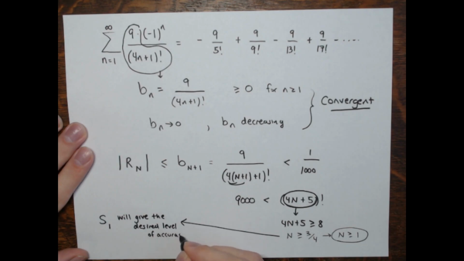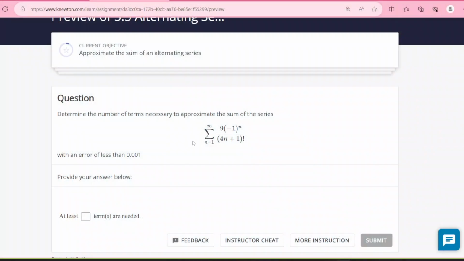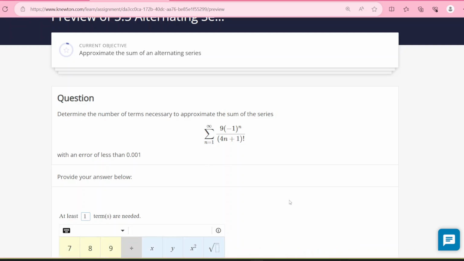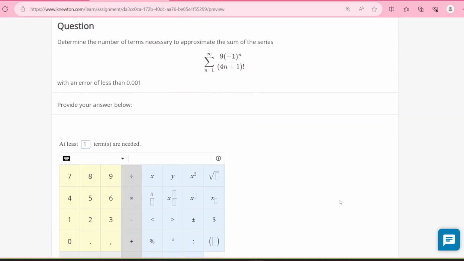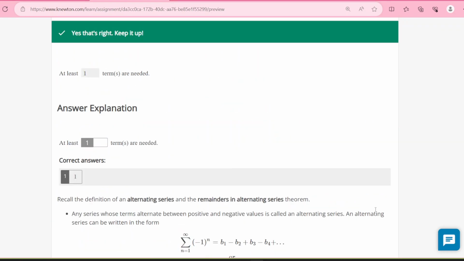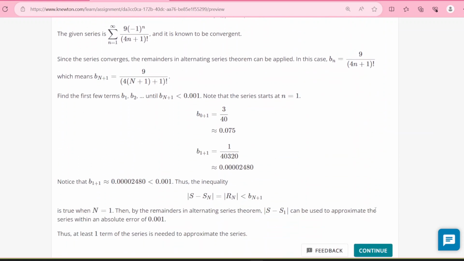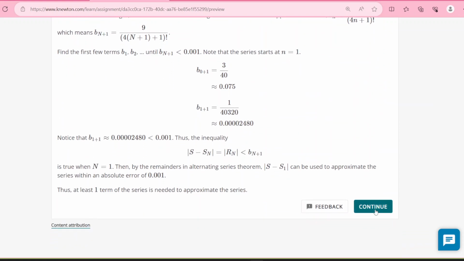Now they don't need what S sub 1 is. All they were asking for is what that capital N was: how many terms would need to be added to get our estimate to be within 1,000th of the actual sum? At least one term is needed. The first term of the sum would give us the desired level of accuracy. Again, they run you through the explanation here. Great.